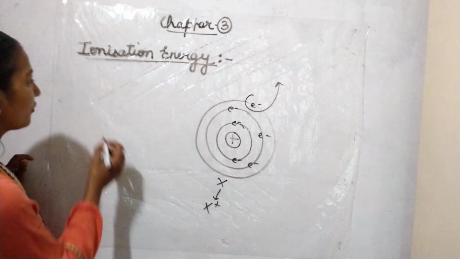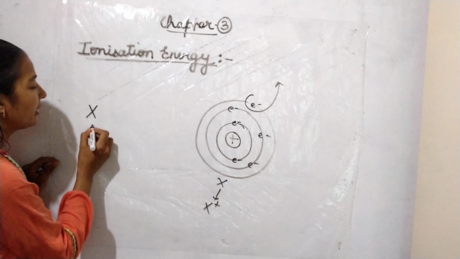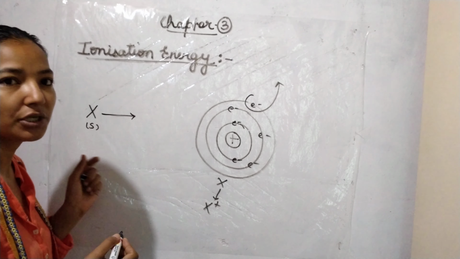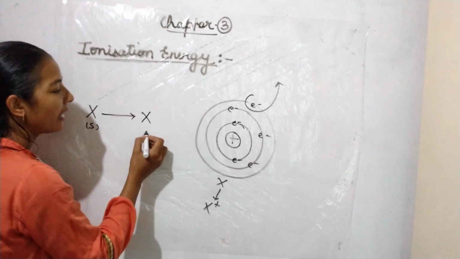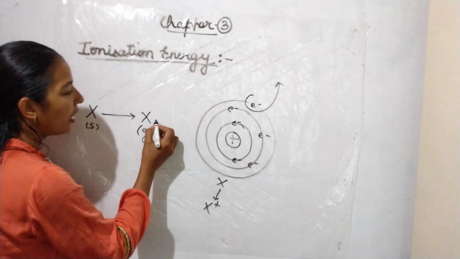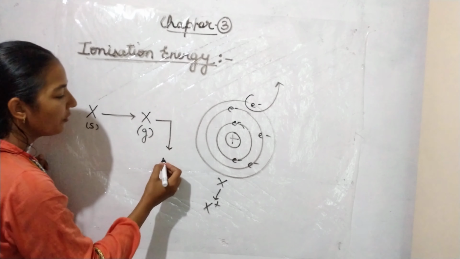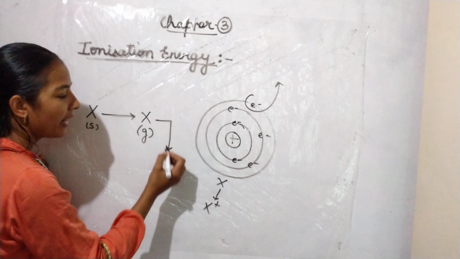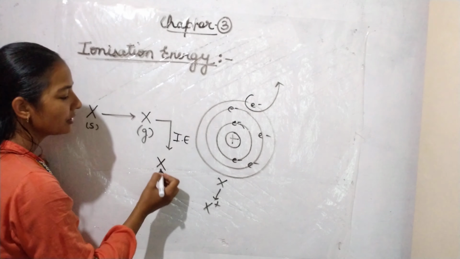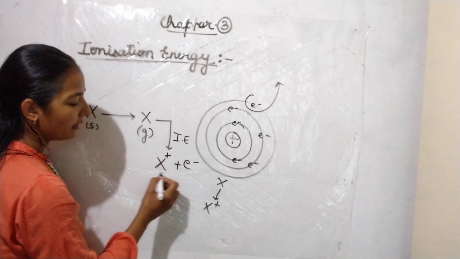So first of all, suppose this is atom X in solid state. We give it sublimation energy so that the atom gets converted into the gaseous state. After the gaseous neutral state, we provide energy, and due to that ionization energy the gaseous atom gets converted into an ion.